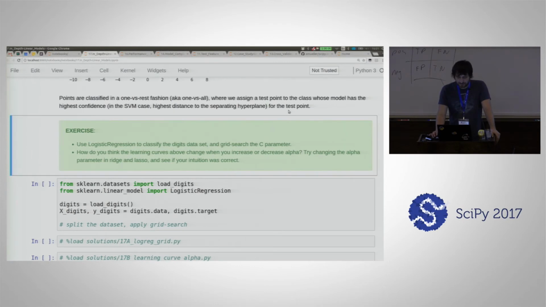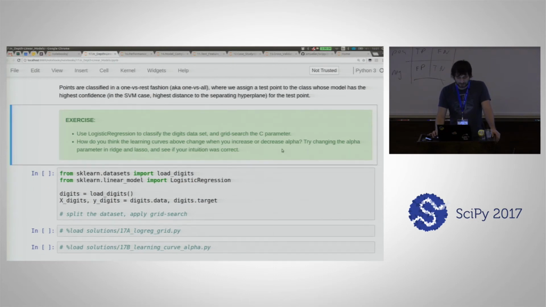As an exercise, I want you to use logistic regression to classify the digits data set and grid search the C parameter. You should search on a logarithmic scale, so 0.001, 0.01, and so on, and see how that goes.